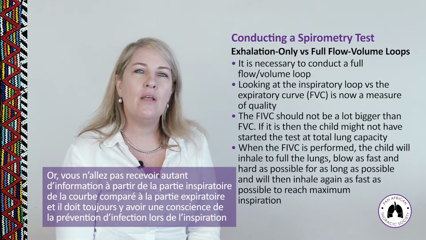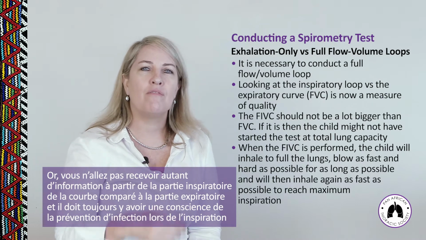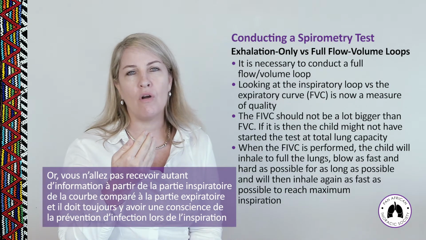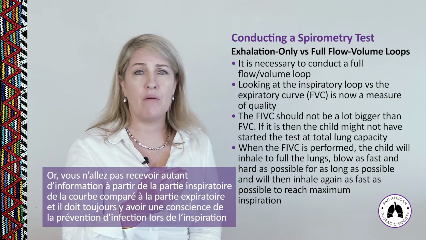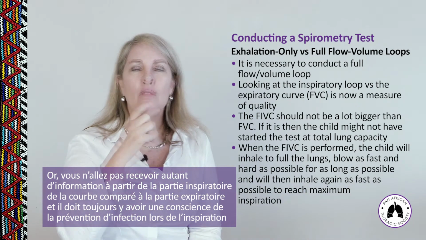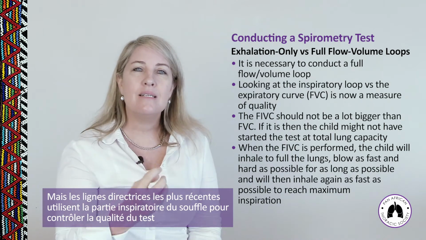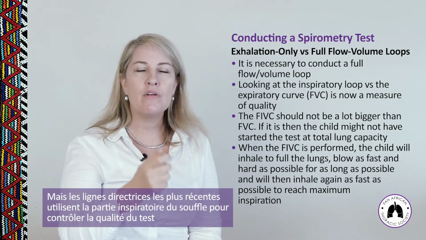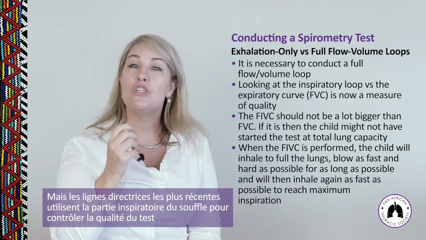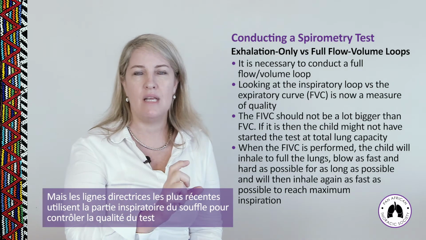You don't get as much information from the inspiratory portion of the graph as you do from the expiratory portion. And there's always the thought of infection prevention when you're breathing in. But the latest guidelines use the inspiratory portion of the blow to check the quality of the data of the test.